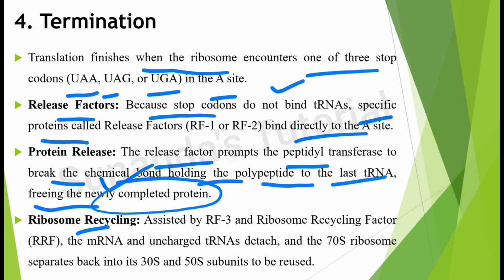Then ribosome recycling, which is assisted by RF3 or release factor 3 and ribosome recycling factor RRF. The mRNA and uncharged tRNAs detach and the 70S ribosome separates back into 30S and 50S subunits to be reused again.